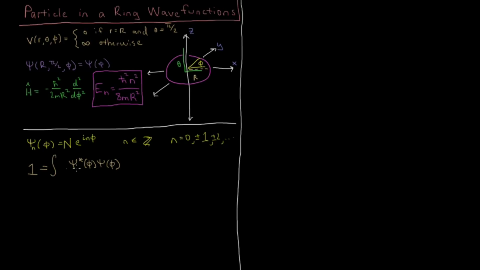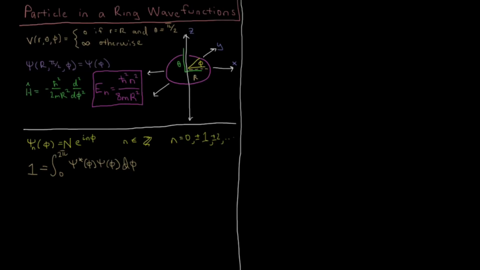And then we integrate with respect to all of the variables over the total domain of the wave function. So in this case, the total space that the variable phi spans is 0 to 2 pi, because 2 pi gets you back to where you started. So we integrate from 0 to 2 pi of psi star psi.